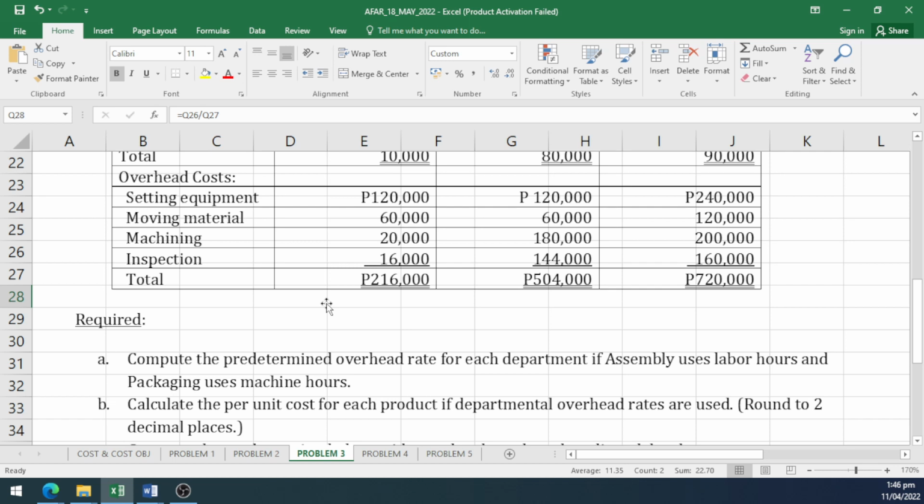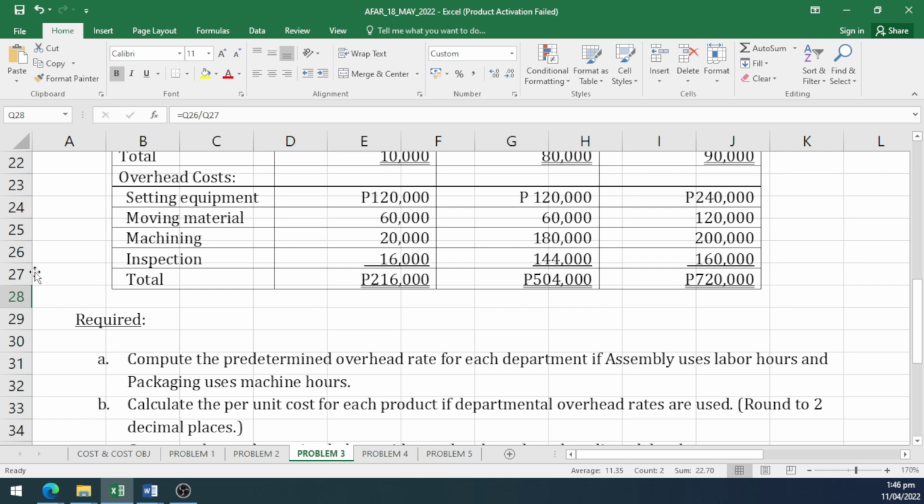And we determine the activity rate. The activity rate is just the same as the overhead rate. But more particularly, pag ABC, we call that activity rate or cost pool rate. In general, overhead rate din ang mga yun eh. So, 1, 2, 3, 4. Apat na cost pool pala ito pagdating sa ABC. Kasi apat na activity yan eh. So, apat na activity rate ang ating kukumputin.